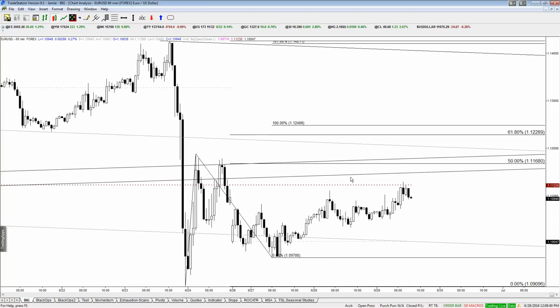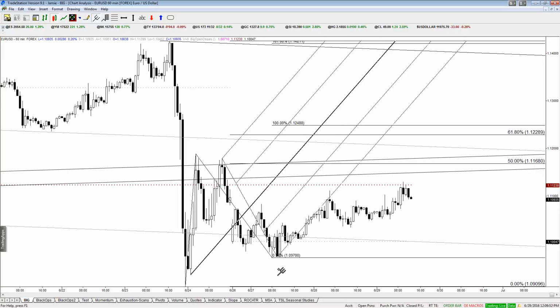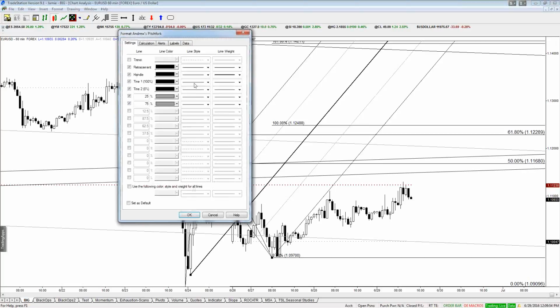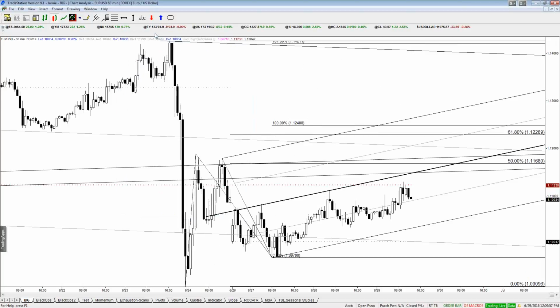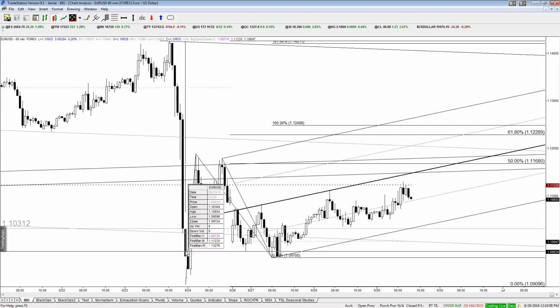So if we're heading to that level, then where might we find support? My guess is that it's probably on this trend line, and specifically the Brexit level of 110.31 is the high volume level.